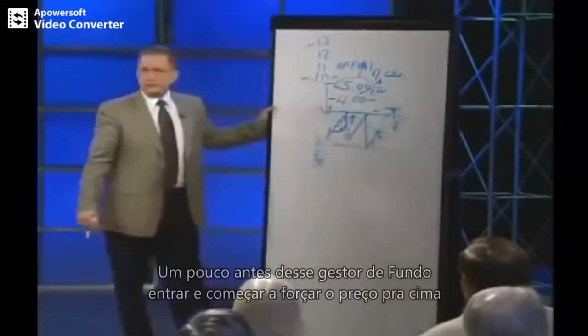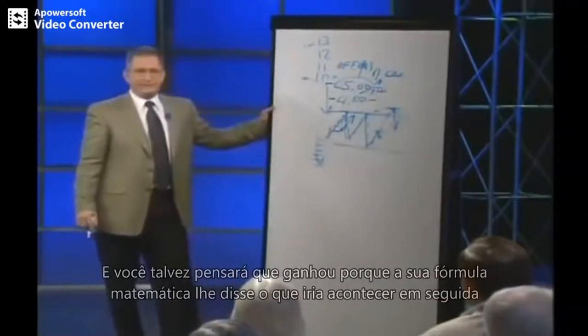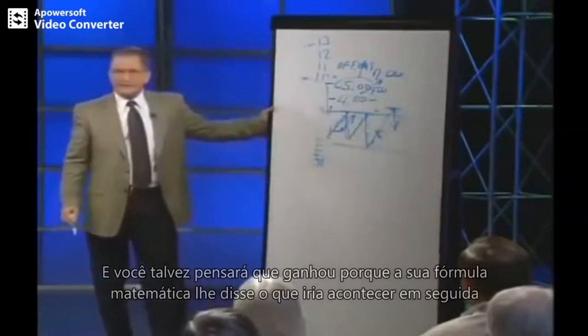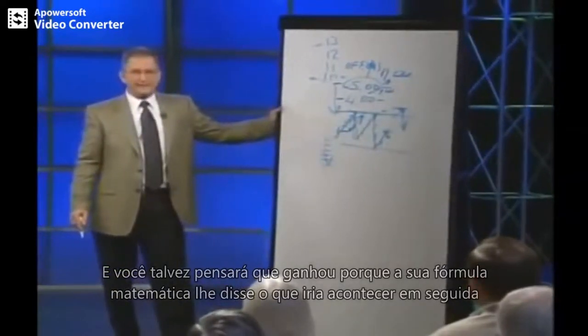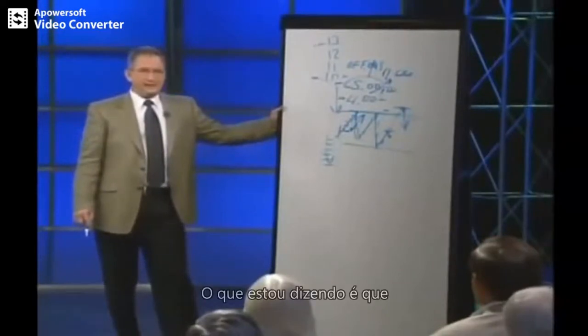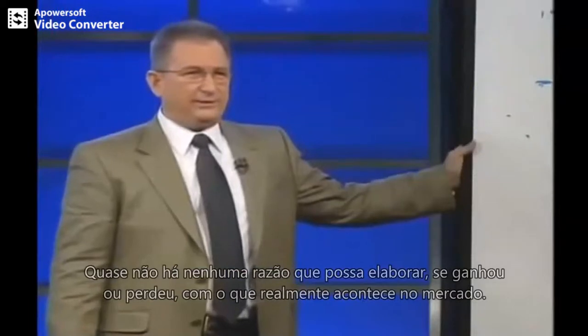And you do it just before this hedge fund manager comes in and starts driving the price up. See, you're going to think that the reason why you won is because your mathematical formula told you what was happening next. And that was the reason why it happened. What I'm saying to you now is that there almost isn't any reason that you could come up with, whether you won or lost, that would correspond to what really happened in the market.